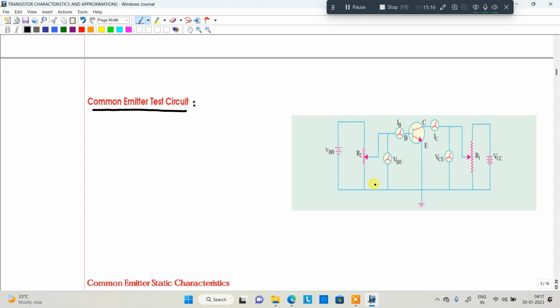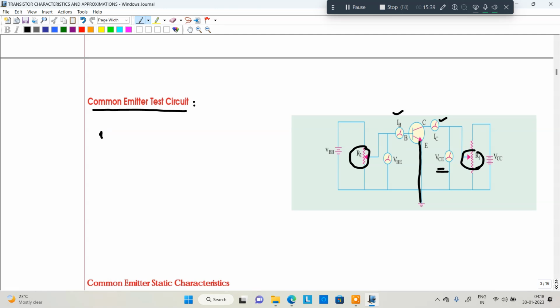Look at this diagram: variable voltages again, the base is connected to one ammeter, the collector to one ammeter, and the collector versus emitter is connected to the voltmeter. That is the difference, because the emitter is common to both input and output.